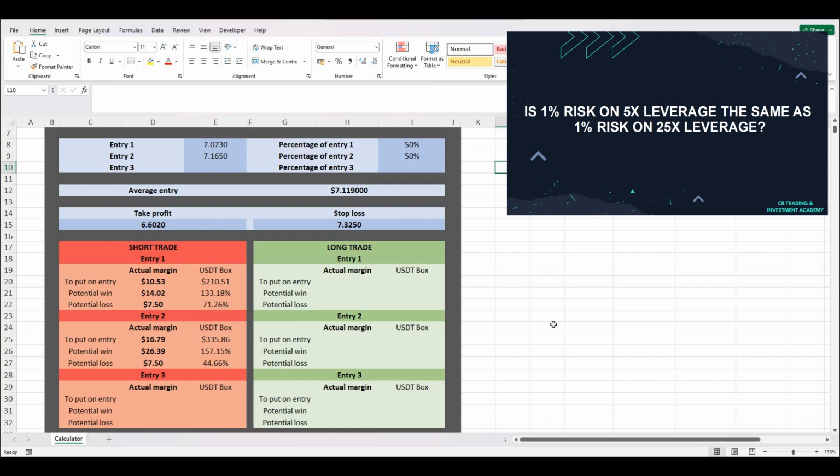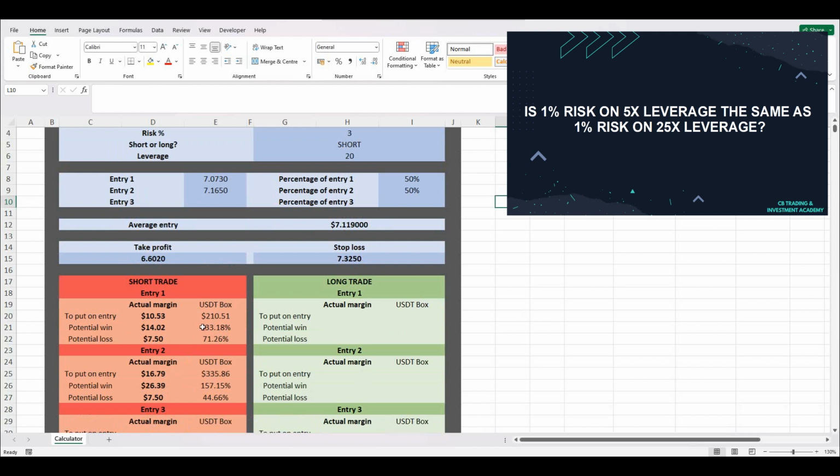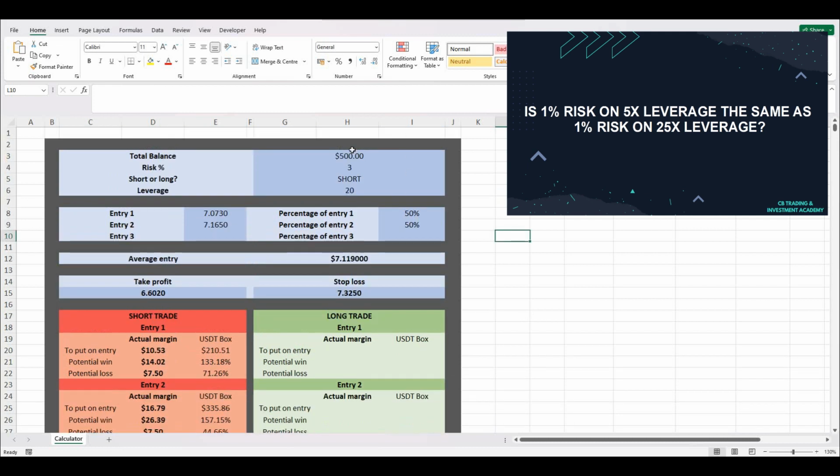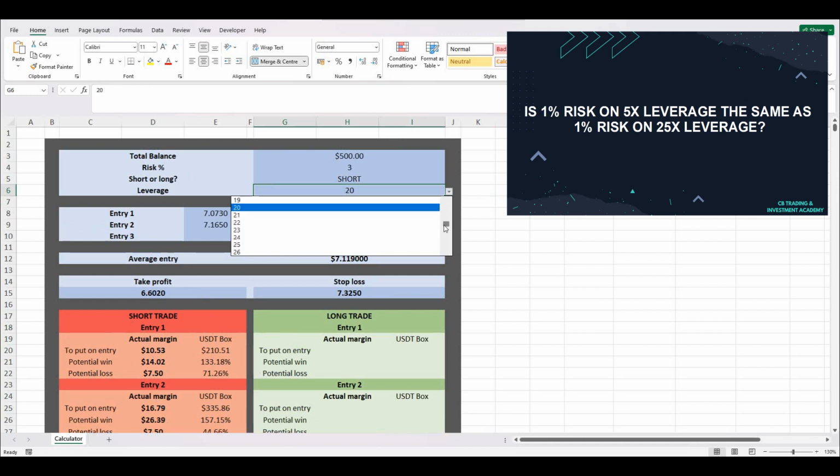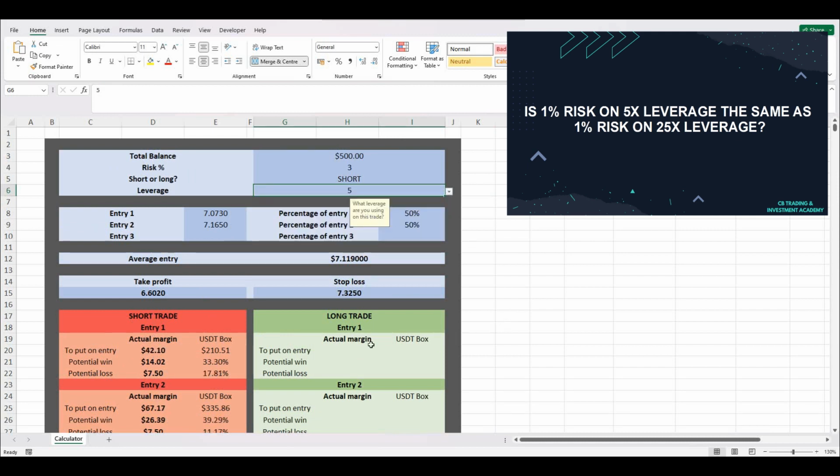And of course it looks way nicer when that button begins to flash on Mexc, giving you more than 50% P&L, but in the end, the potential win, if you have $500, you can put on $10 of that $500, or you can just take it easy and only put on 5x, put a little bit more on, and then you see the only thing that changes is the percentages.